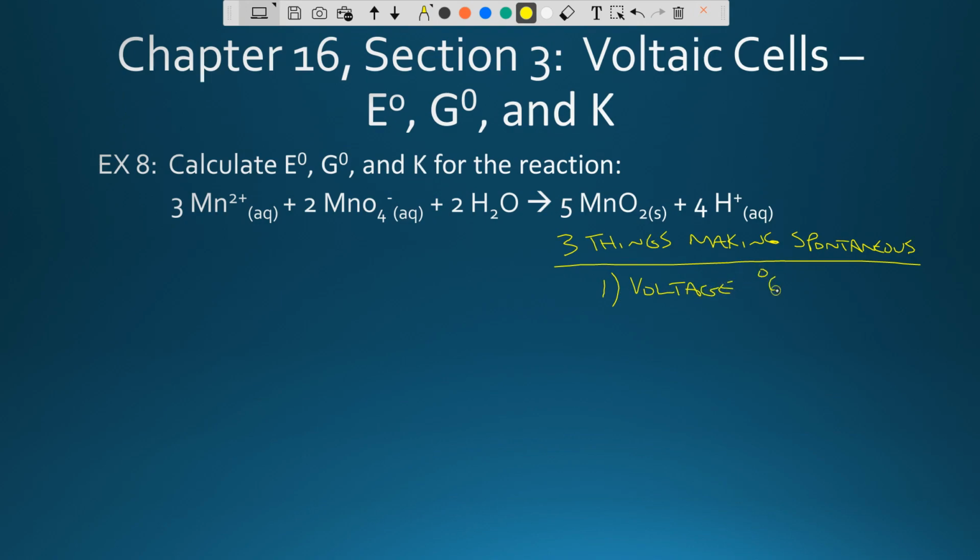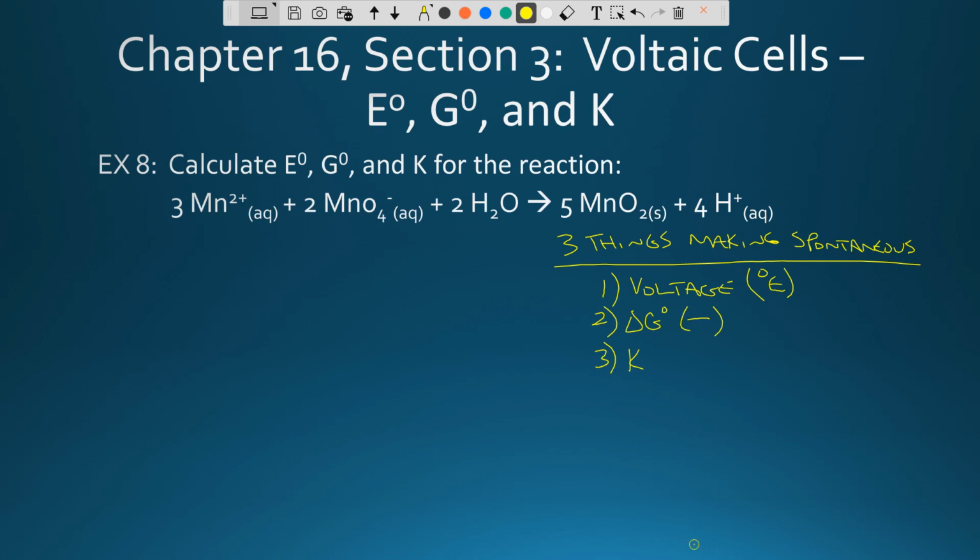Your voltage is going to be that E value. That should be a positive voltage. Take a look also at your delta G. That should be a negative value. That's your free energy, the heat or work done on the system. Take a look also at your K value. That should be large.